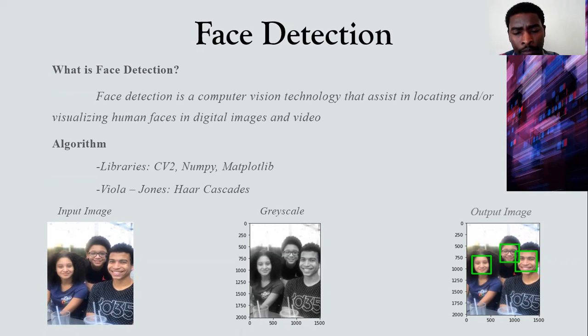Then I converted it to grayscale because that's how CV2 is expecting the input image to look. And then you can see the output image, the rectangles are depicting the detected faces. So all in all, the algorithm worked pretty well.